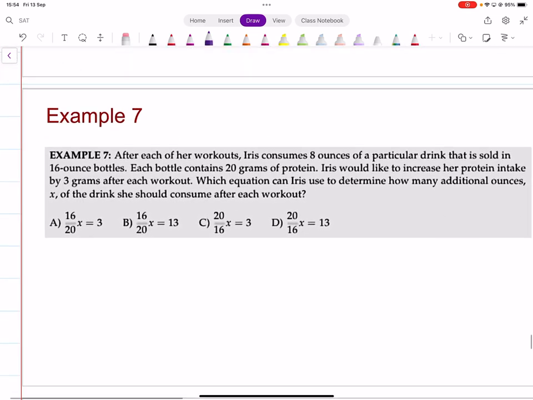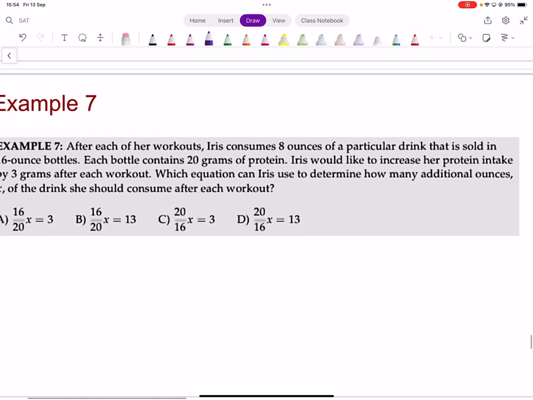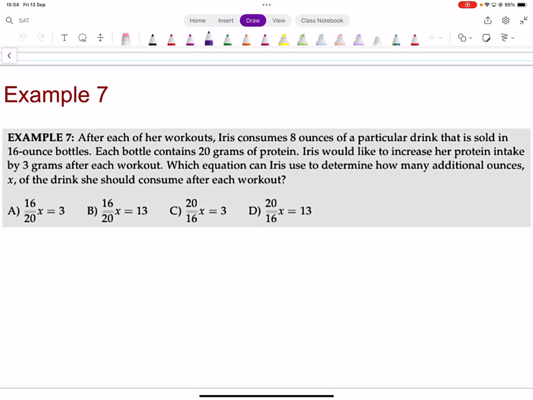Okay, let's move on now. Let's make it slightly more complicated. After each of her workouts, Iris consumes 8 ounces of a particular drink that is sold in 16-ounce bottles. 16-ounce bottle है, and she's just consuming 8 ounces of that drink, half of that drink.